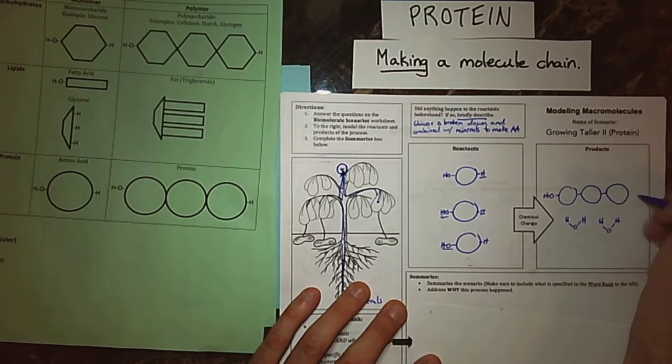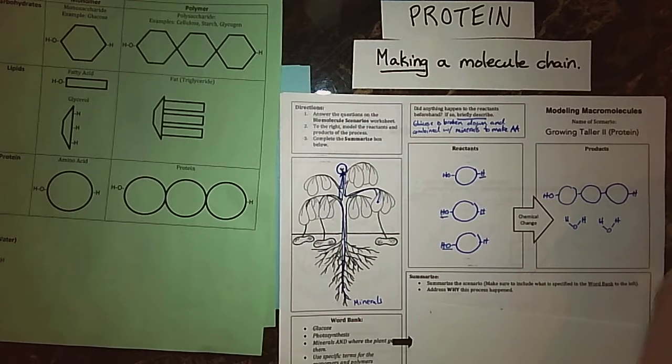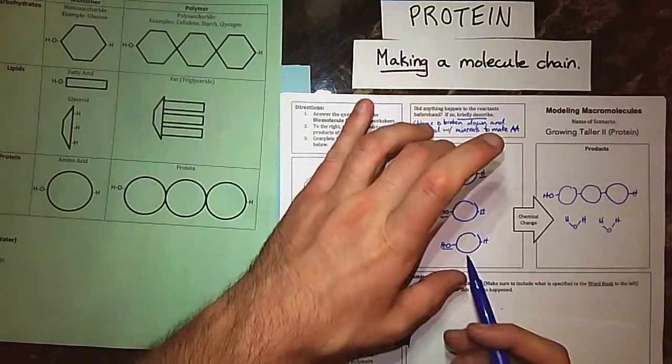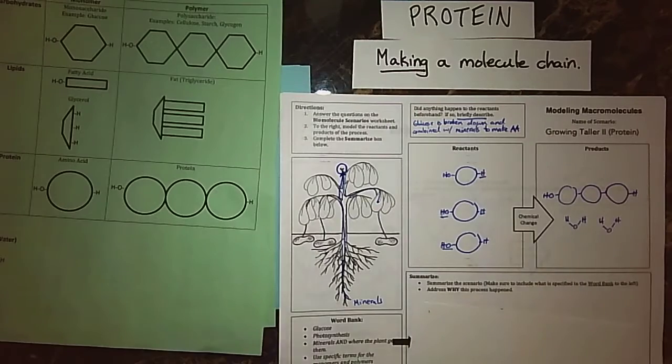And then we still have that H at the end right there. So what I've shown here is that atoms can't be created or destroyed. There's 6 hydrogens beforehand, 6 hydrogens afterwards, 3 oxygens beforehand, 3 oxygens afterwards, and the atoms in the rest of my molecules stay in there as well. And I've also shown that I've taken my amino acids and made a polymer protein in this case.